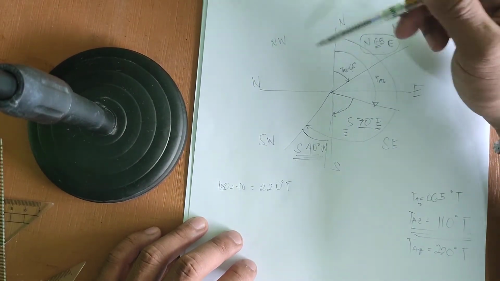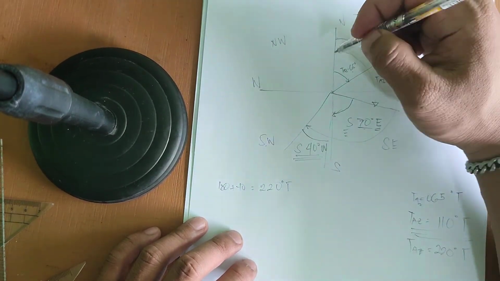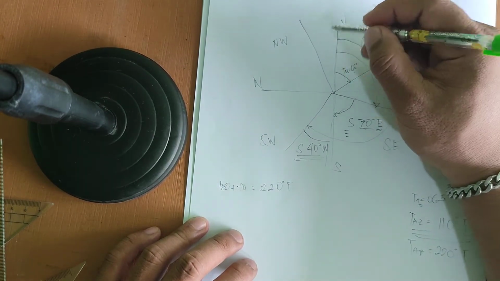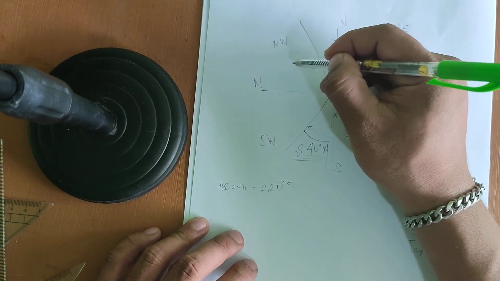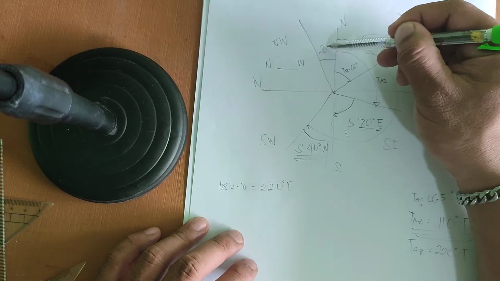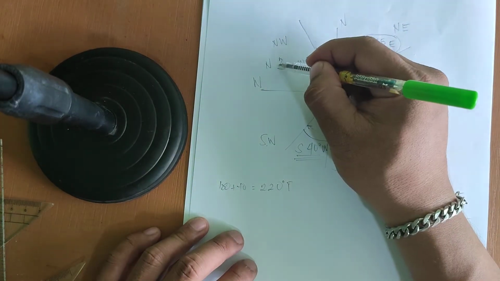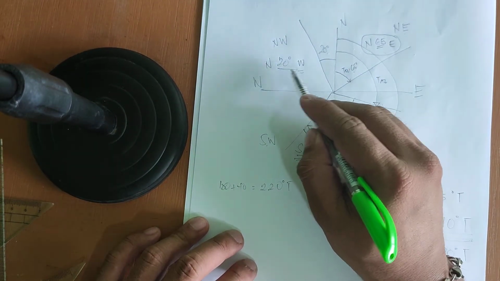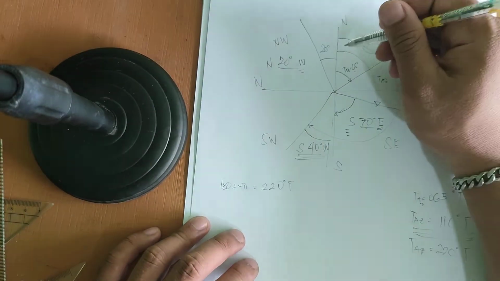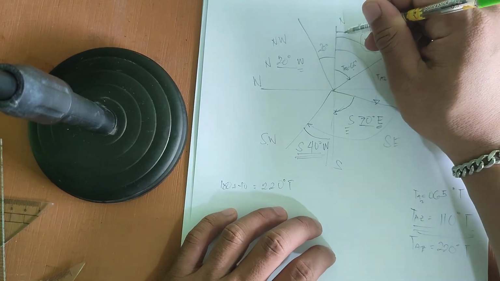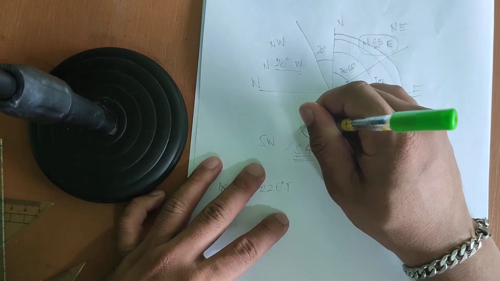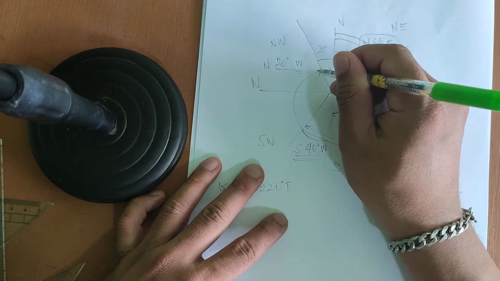And finally, for the fourth quadrant, suppose you are given an azimuth of, this is west, this is north, an azimuth of 20 degrees west of north. So this is the west of north, east of north. Therefore, your true azimuth will be starting from your north direction, clockwise till here.